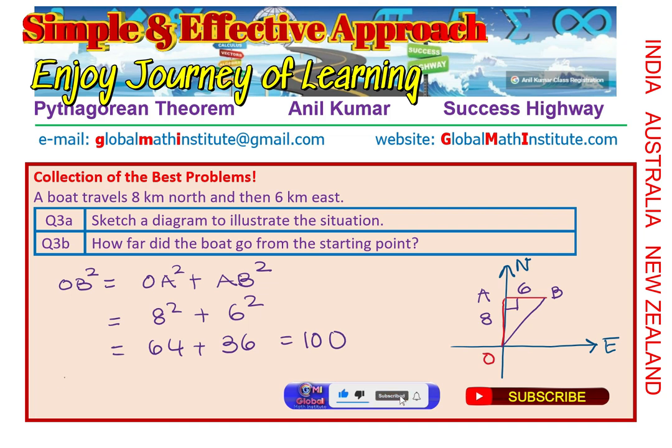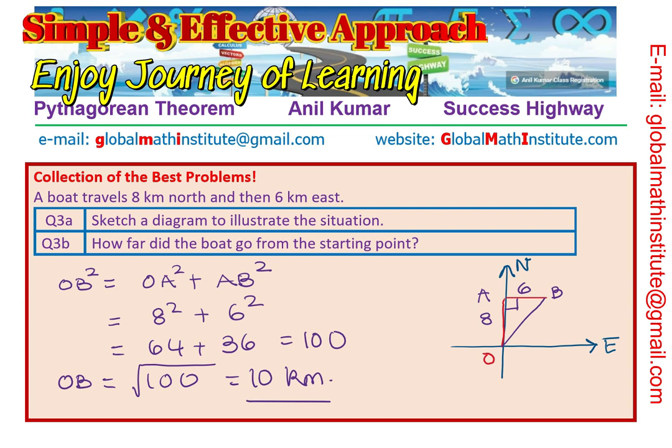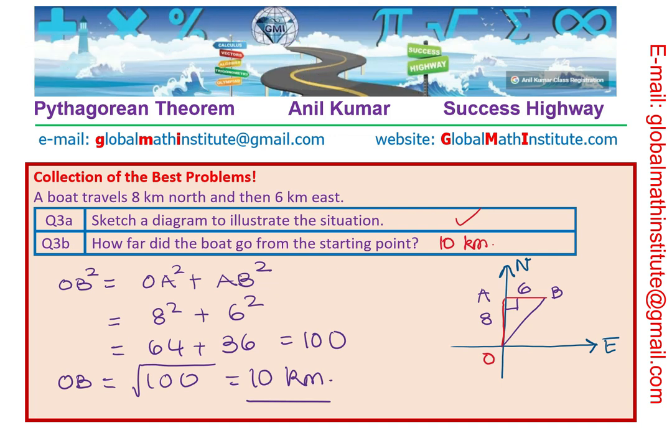And now we can write OB, positive value, square root of 100, which is 10, and the units are kilometers. So include units in your answers. So you have the diagram, and here the answer is it is 10 kilometers away. Simple as that to begin with, correct?